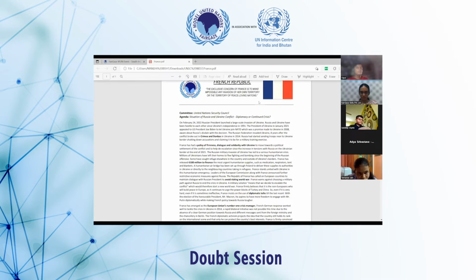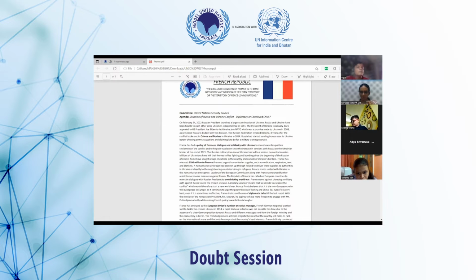Like this is the position paper of UNSC, okay, and the country is, you can see that in the above, they have mentioned that it is from the French Republic and the flag is also there. So like that, you just have to write the position paper. Everything should be clear in the front, like your committee, the agenda and your country. So this is the format that you have to write.